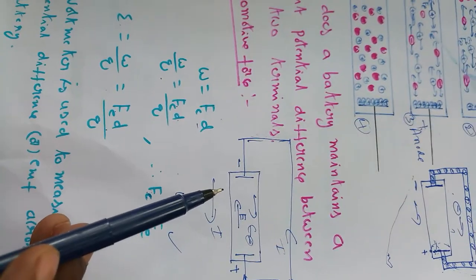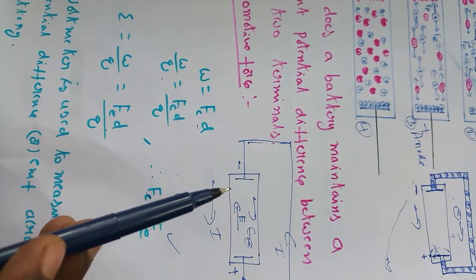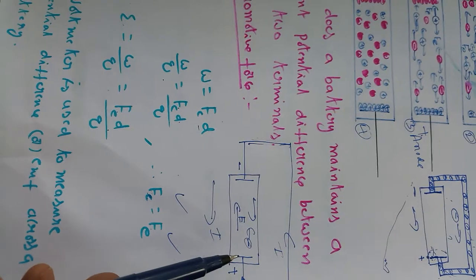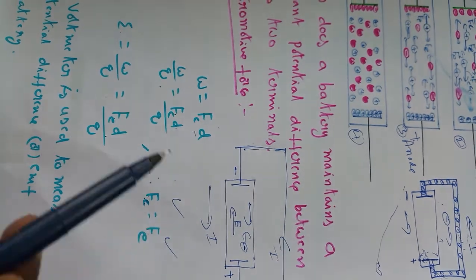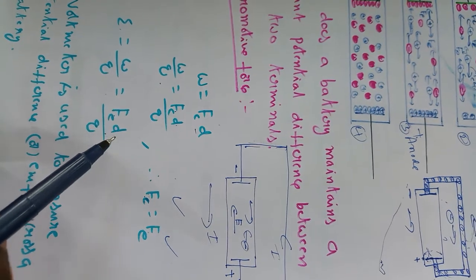So in general, the work done to move a unit positive charge from a low potential to high potential is called electromotive force. E is equal to W by Q, that is equal to FE d by Q.